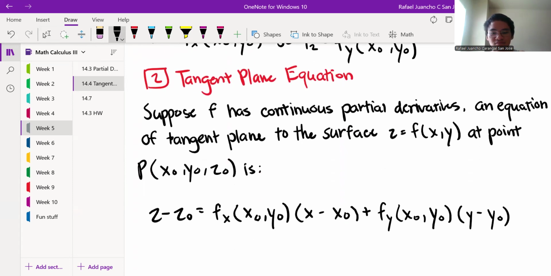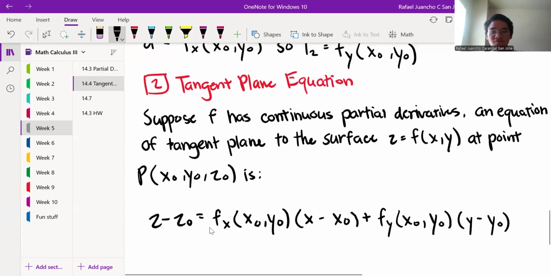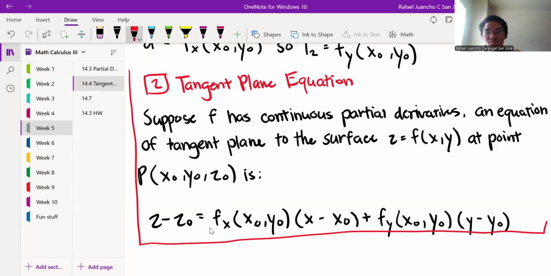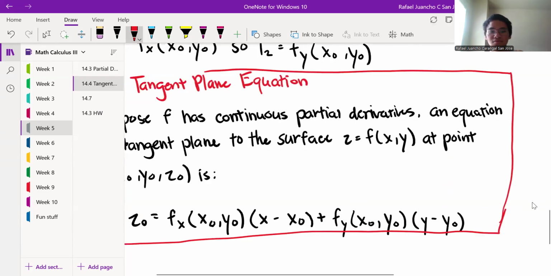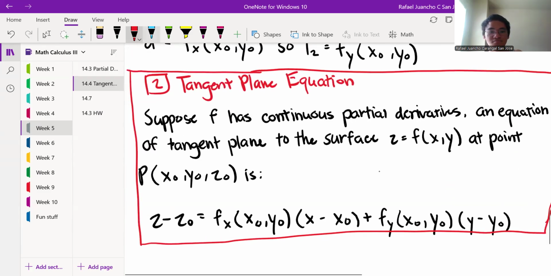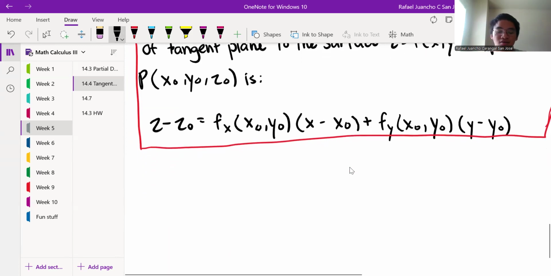And that should be it. This is the most important thing that we have to consider, right? This idea of tangent plane equations. Okay. I hope that made sense. We're just deriving from what we previously know.